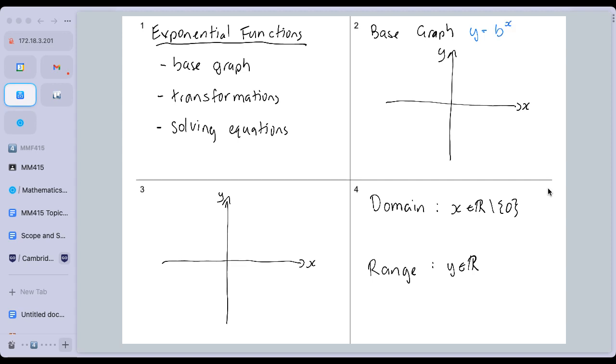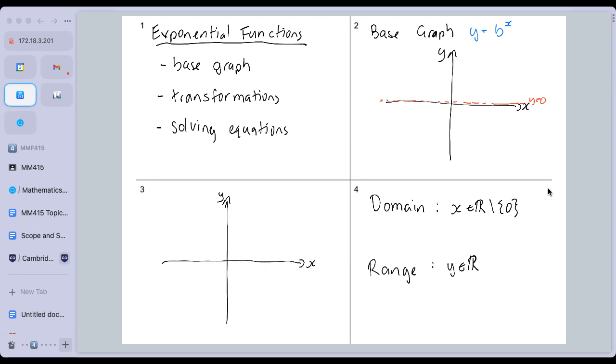What you should have had, and hopefully this will at least ring bells, is a horizontal asymptote, that is y equal to 0. If you didn't have that in explicitly, then you need to write that in now. So an asymptote at y equals 0. That is because there is no value that I can raise b to and get y equal to 0, so it is a non-value for the function.